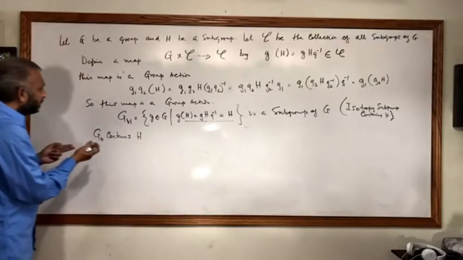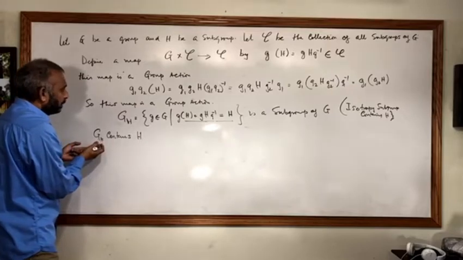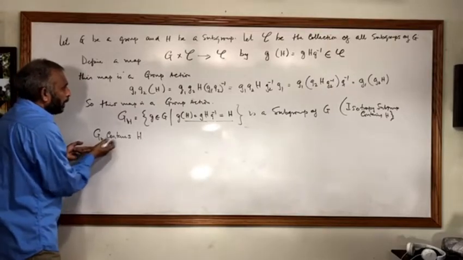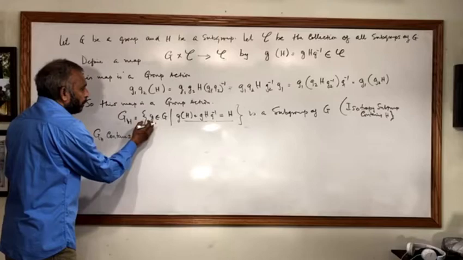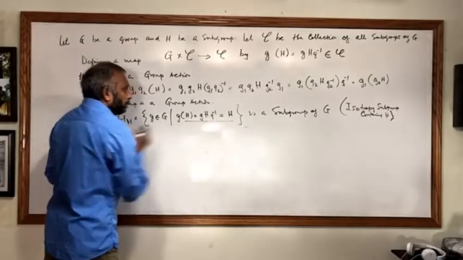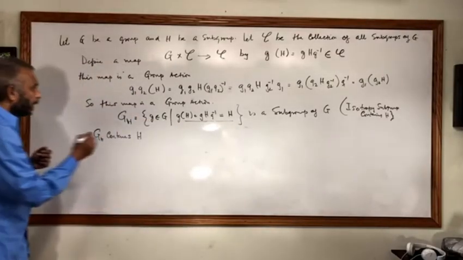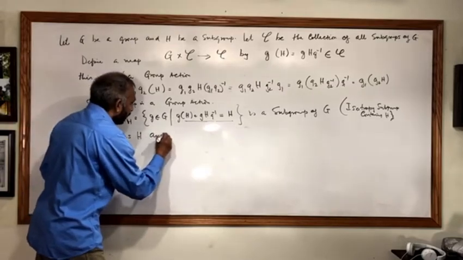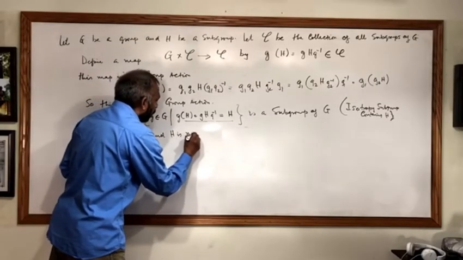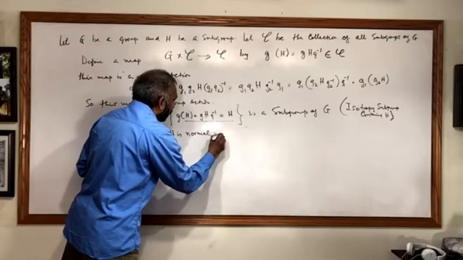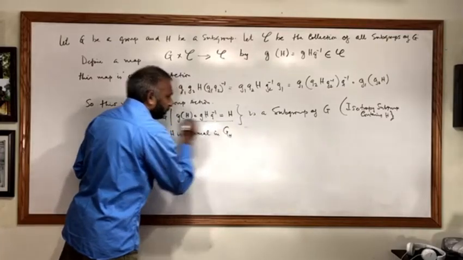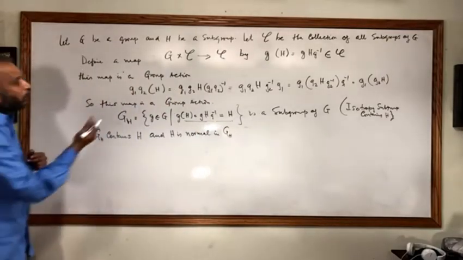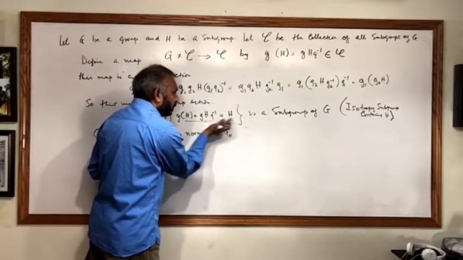Why? Because every element of G, if you put it here, this is going to be in C. And H is normal in G_H. Why? Because this is the definition of normality.